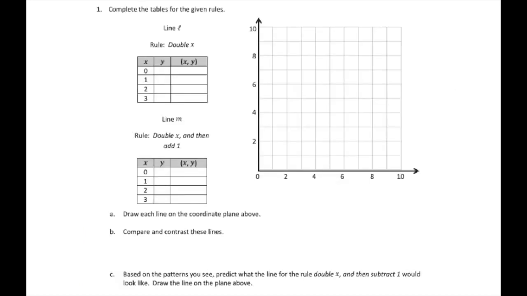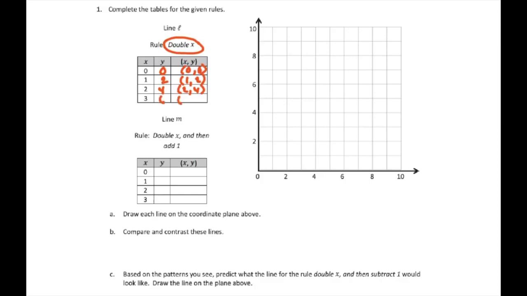All right, let's go over number 1 together. So for letter A, we are going to draw each line on the coordinate plane above. So let's start with line L. The rule states that it is double x. So this is only one operation. We're only multiplying by 2. So 0 times 2 is 0. 1 times 2 is 2. 2 times 2 is 4.